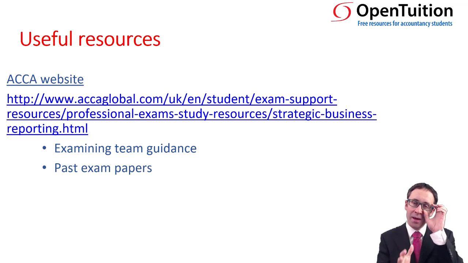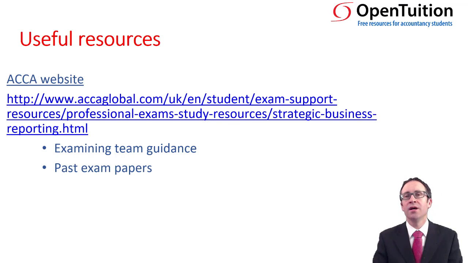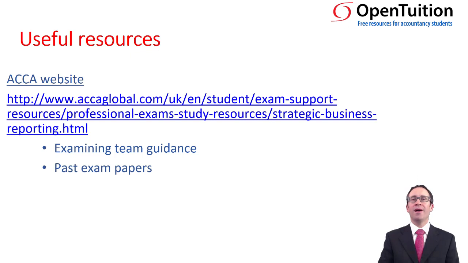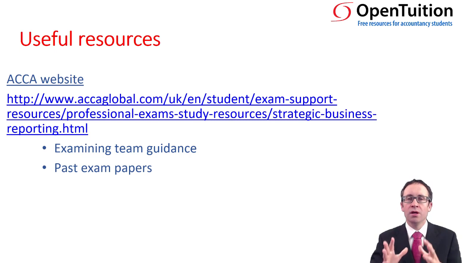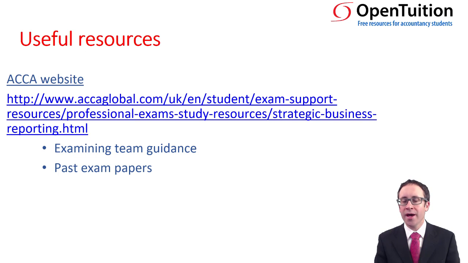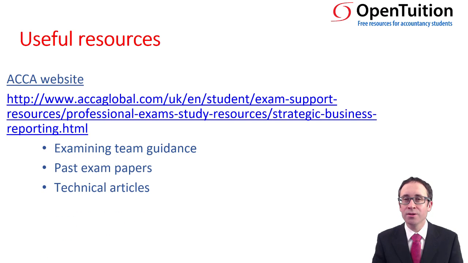So we don't get every paper from every sitting, which would be nice. We get a paper every 6 months that covers some of the questions that have been seen over those last 2 exam sittings.